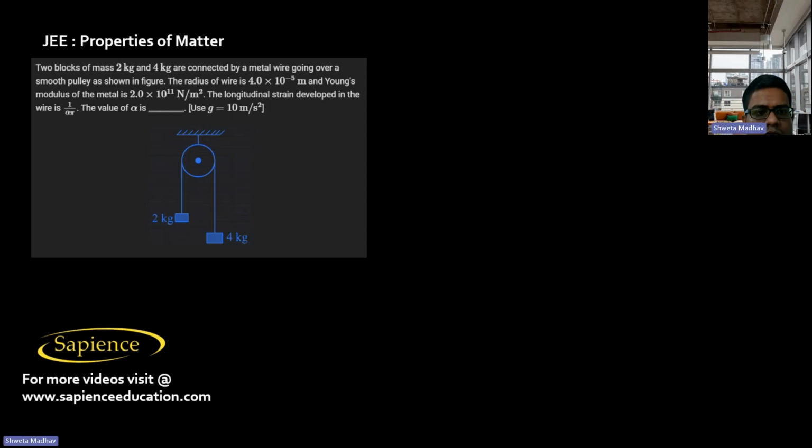Here it is told two blocks of mass 2 kg and 4 kg are connected by a metal wire going over a smooth pulley as shown in the figure. The radius of the wire is 4 into 10 power minus 5 meter. The Young's modulus of the metal is 2 into 10 power 11 Newton per meter square.